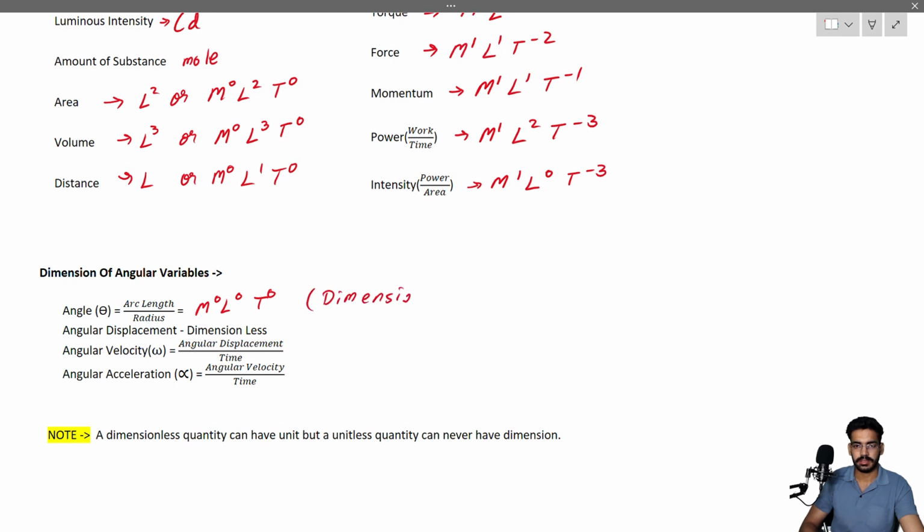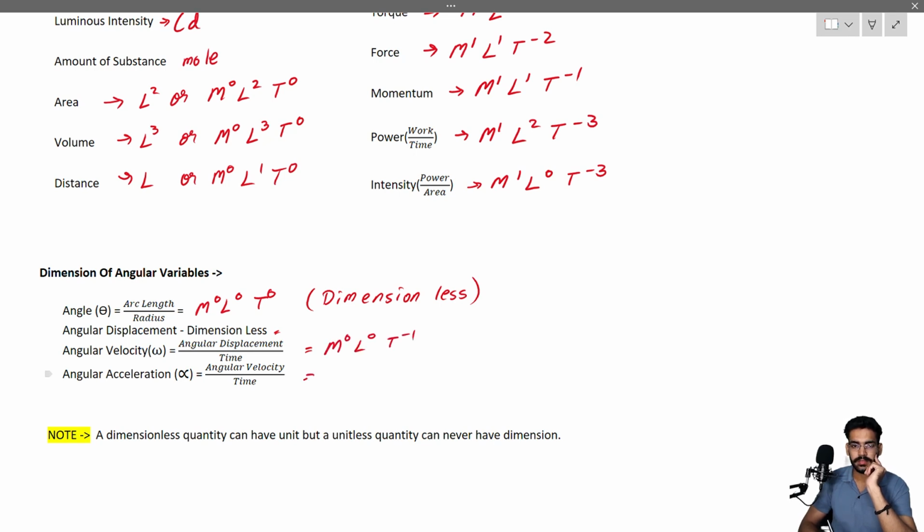Angular displacement is delta theta, the change in theta from here to here, so it is also dimensionless. Angular velocity is angular displacement divided by time. Angular displacement is dimensionless and time comes in the denominator, so that is m0 L0 t to the power minus 1.